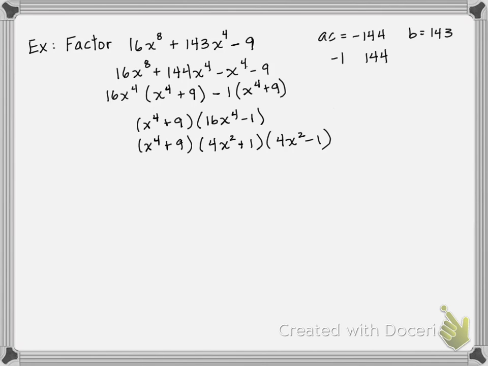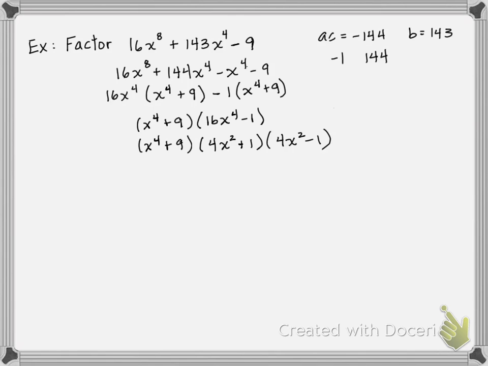The constant term will factor into the constant terms in the result, and the variable term will factor into the variable term. So if I have 16x to the 4th, then all the factors that make that 16 have to be in the first term, and all the factors that make that 1 have to be in the second term.